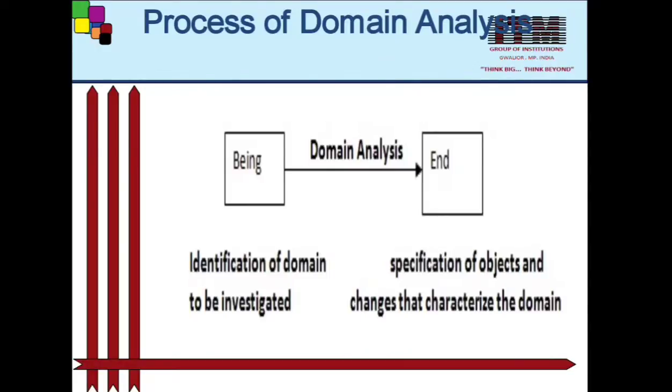This is shown in this diagram. First, in this phase, the identification of domain is investigated, and then domain analysis, and in the ending phase it shows the specification of objects and classes that characterize the domain.